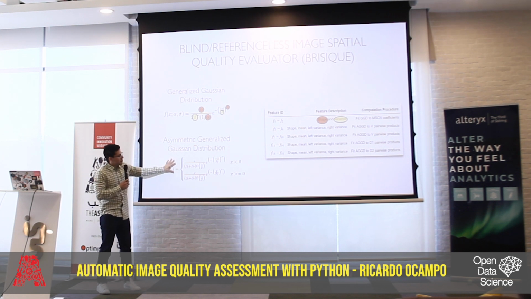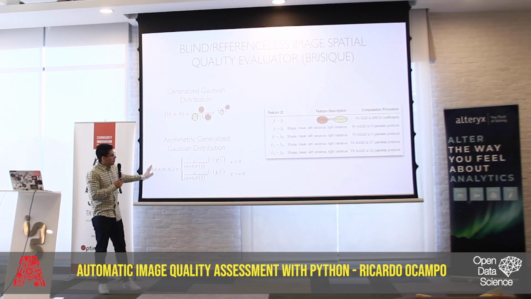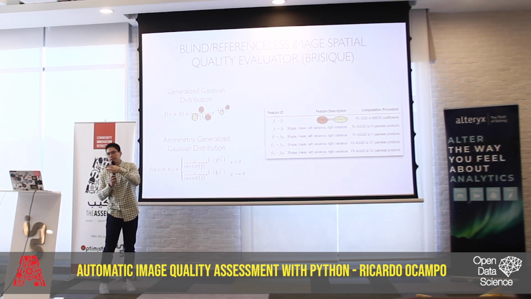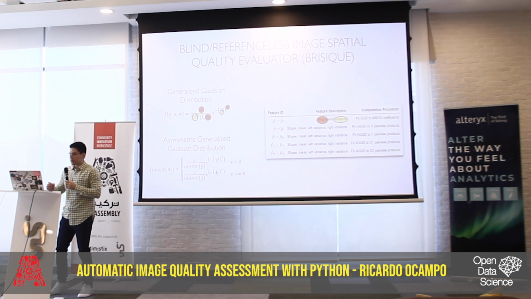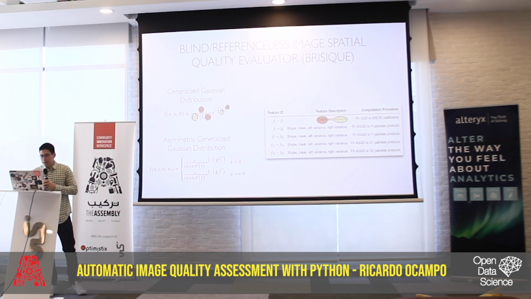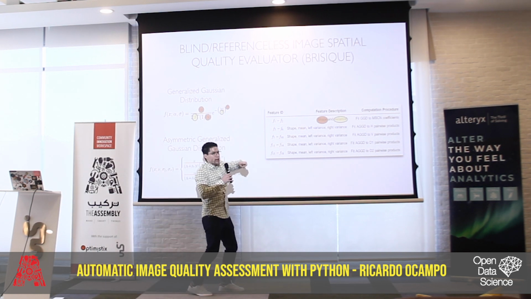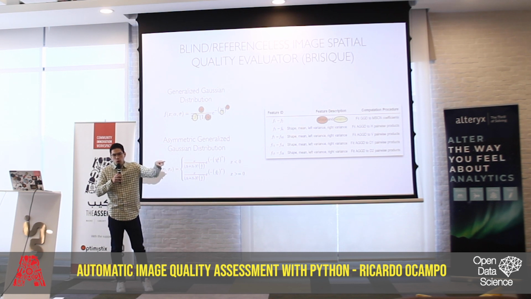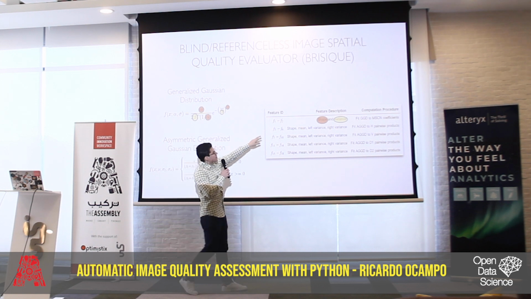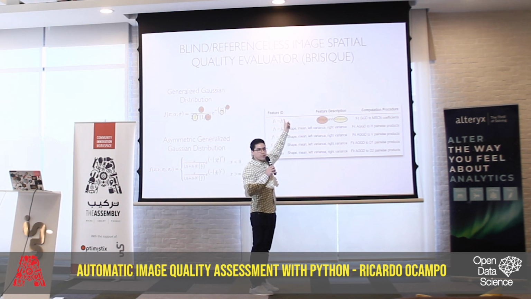And it looks like this. Quite ugly, I know. So basically it says that it behaves like a normal distribution, but the variance on the left and the variance on the right are different. That's the only thing it's saying. And then, for example, for features 1 and 2, you fit all the MSCN to the Gaussian, you take the scale, the shape, and the variance, and this is feature 1 and feature 2.